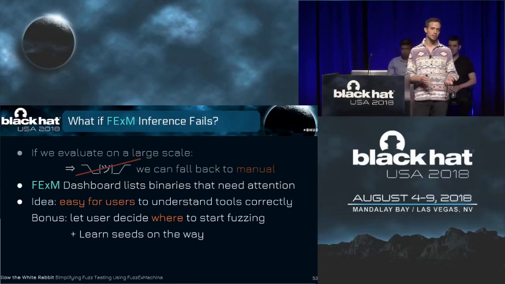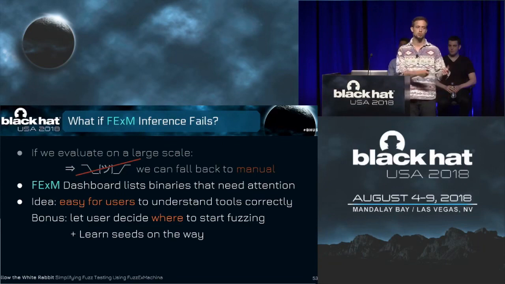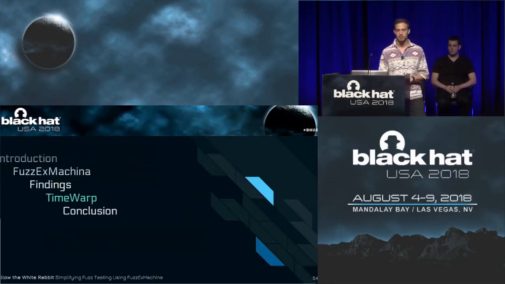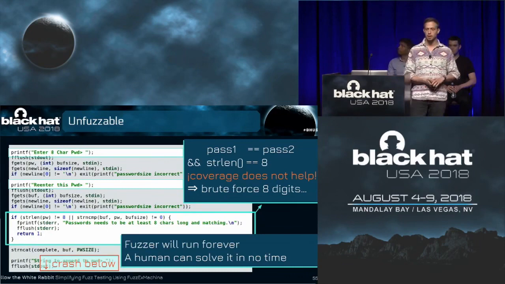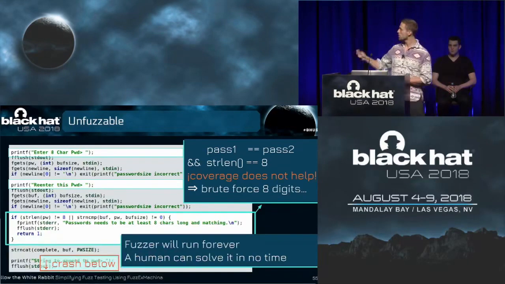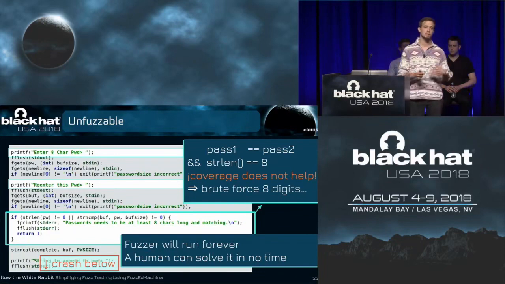So basically, as a user, you can use the AFL, or you can use the tool as you would usually, because you know things that other people don't, using time warp. Here, we have an unfuzzable source code, which is, please give me 8 characters, and then please give me the same 8 characters again. That's basically entering a password.